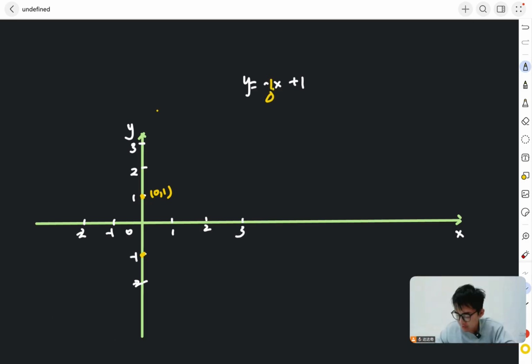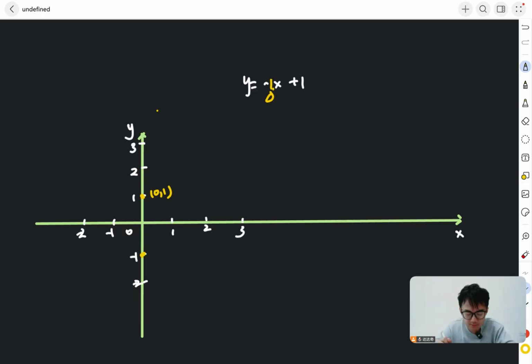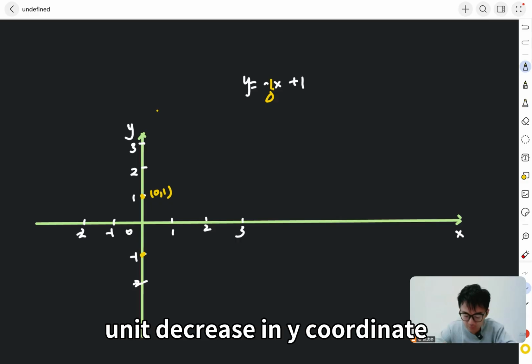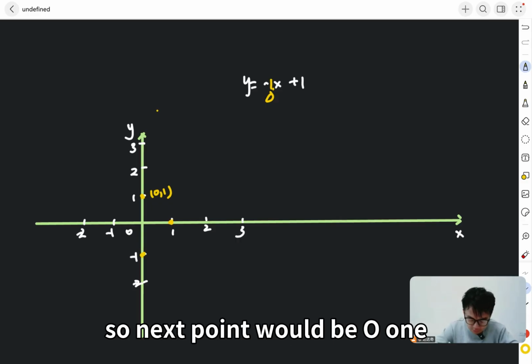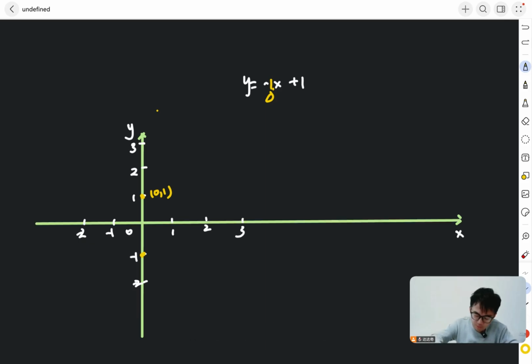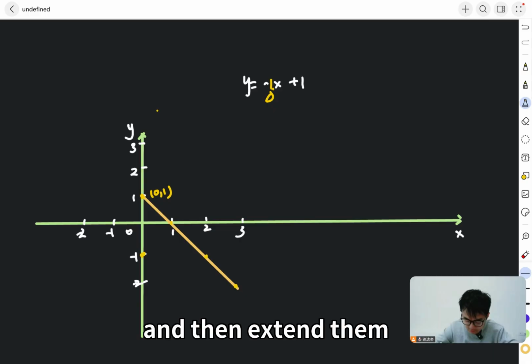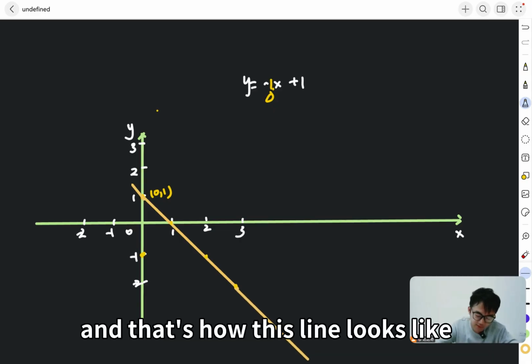It means every increase in x of 1 unit will correspond to a 1 unit decrease in the y coordinate. So the next point would be, at x is 2, y is -1, and at x is 3, y is -2. And you connect those points together and then extend them. And that's how this line looks.